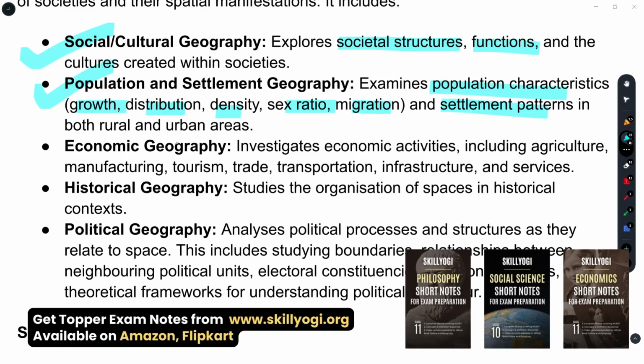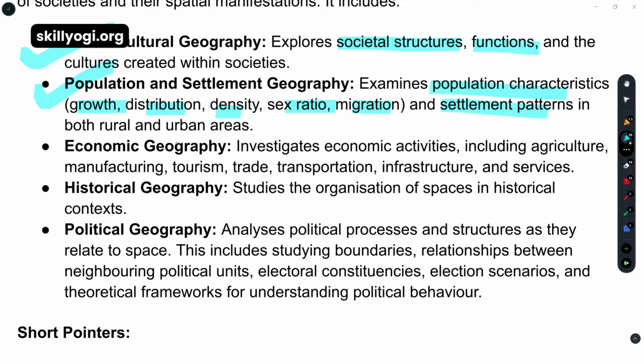There we learned that in rural and urban areas people practice different occupational structures because of the surrounding environment. So different settlement patterns in rural and urban areas are very important and are included in population and settlement geography.